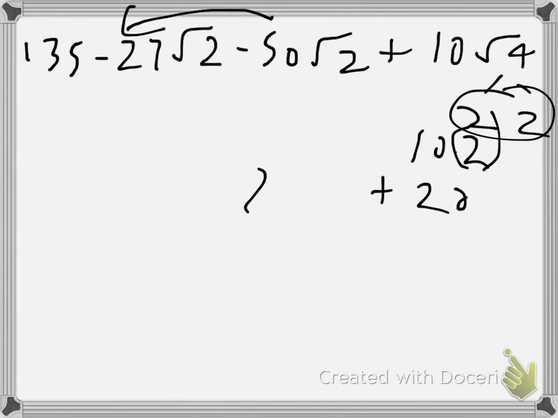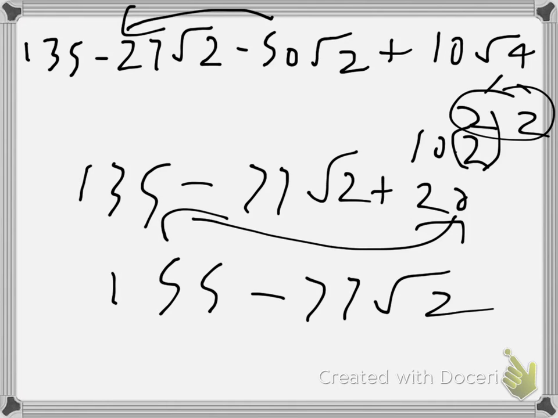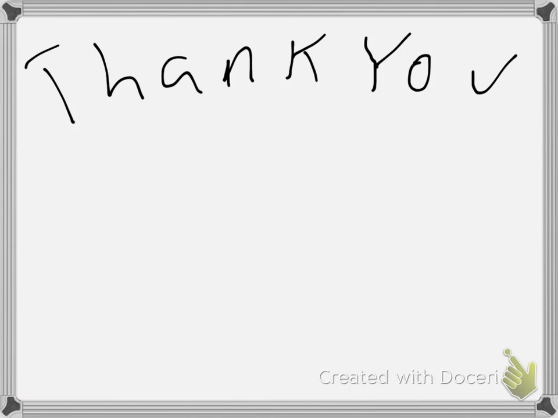So what we're going to get is negative 77 square root of 2 plus 20. And you still have this positive 135 here at the front. And what you got to do is just combine your like terms, and you get 155 minus 77 square root of 2. And that is your completely simplified radical expression.